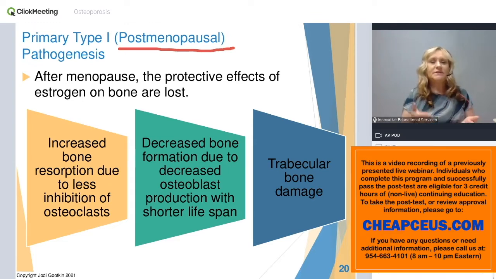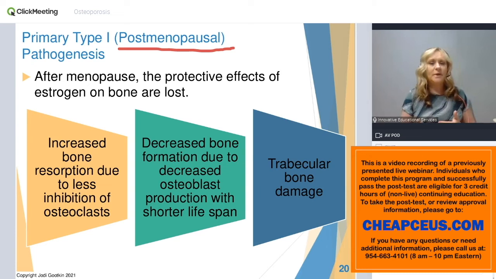Typically what happens is the presence of estrogen is going to inhibit those osteoclasts. It's going to turn them off from breaking down the bone. It doesn't allow them to differentiate as aggressively, so it controls that breakdown process and allows the osteoblasts to build up bone.